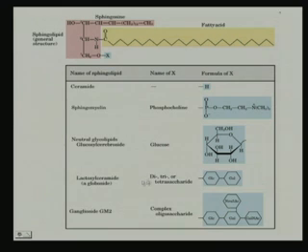Lactosyl ceramide and gangliosides are examples of oligosaccharide containing sphingolipids.